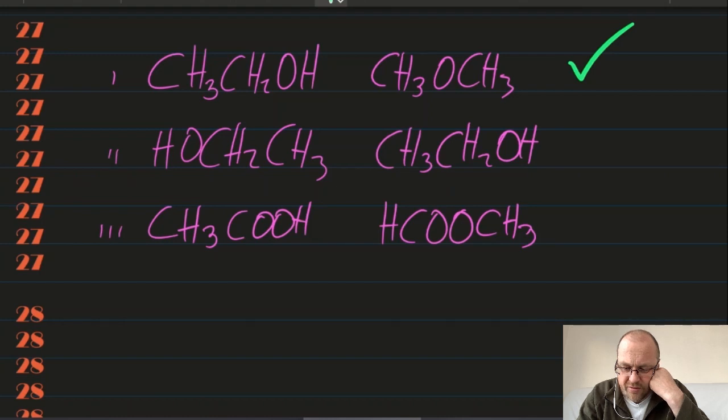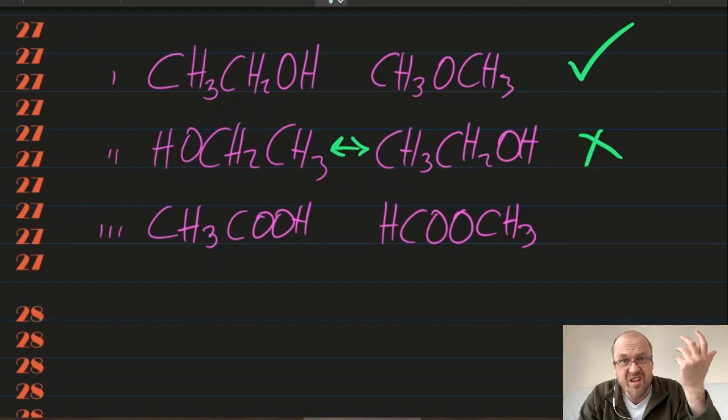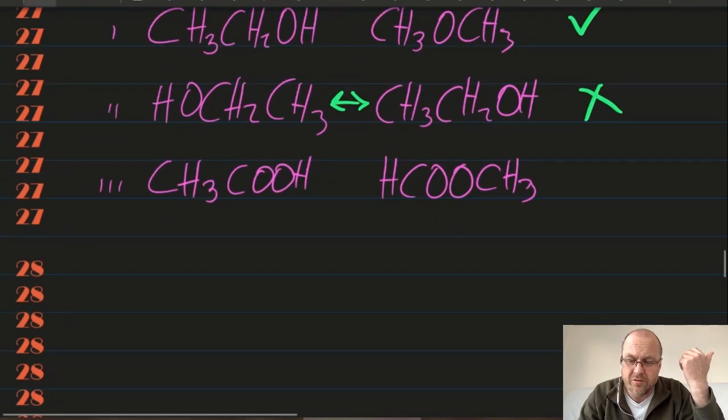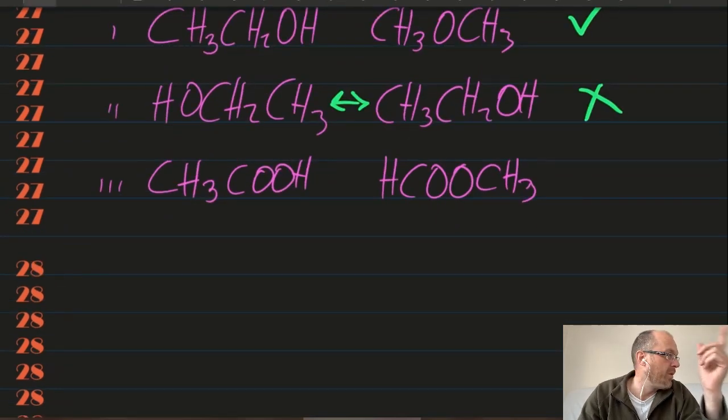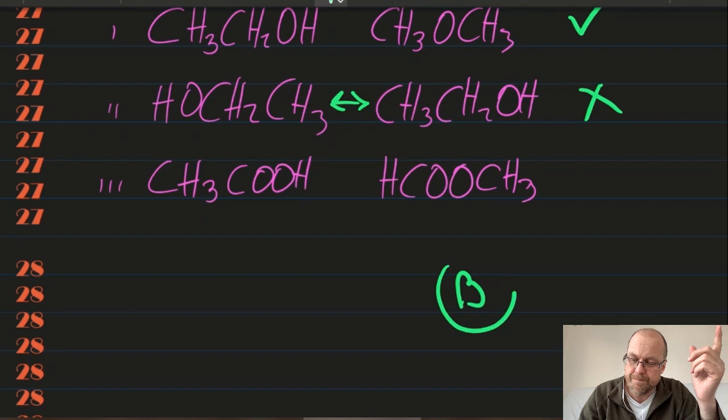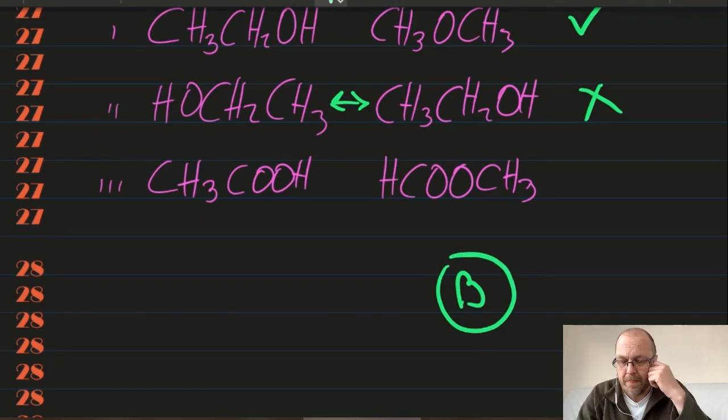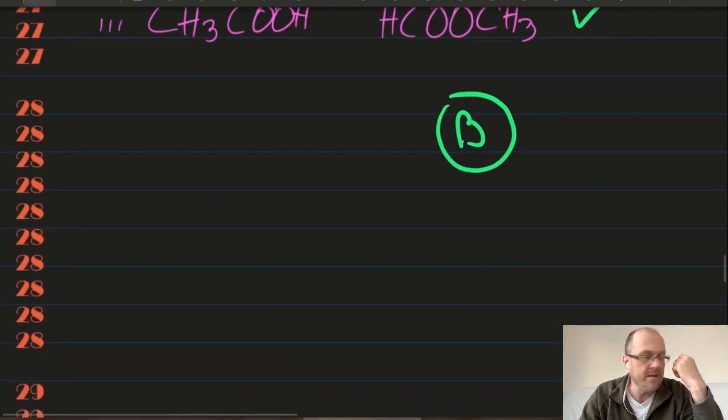But hold on, isn't that just the same? So that doesn't count. Same formula, same structure. That's not an isomer, it's the same. So 1's right, 2's wrong. Is that enough? 1's right, 2's wrong. B, 27B. Yep. At the bottom one, they're also isomers.